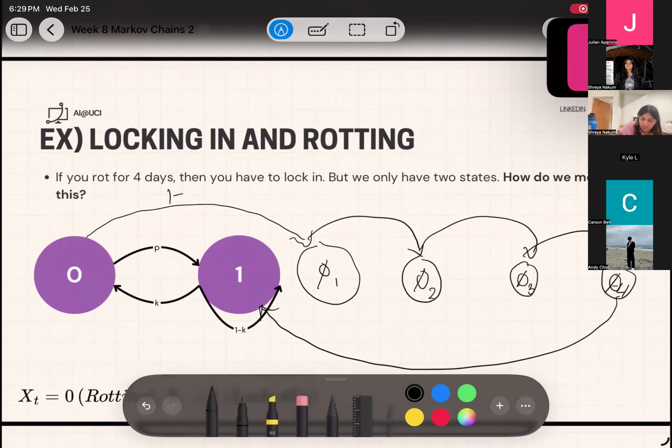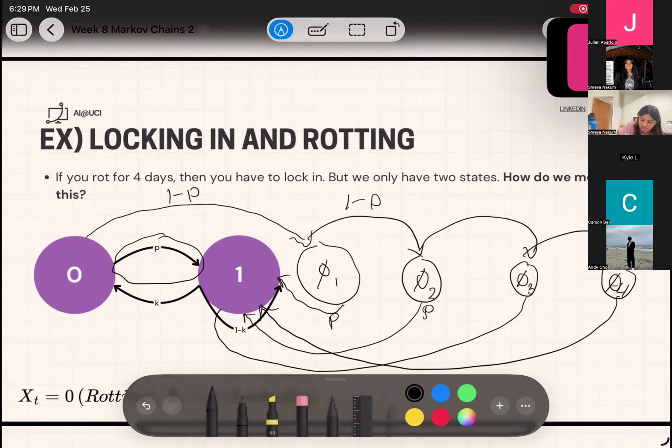So the probability of 1 minus p, now we're rotting again, another day of rotting. Now there's probability 1 minus p, we go here, but remember, there's a probability that we can go from rotting to locked in as well. So there's still a probability that we can make a comeback and still go back with p. Same thing here, we can still go back here with p. This is going to get very messy very quickly. Same thing here too.